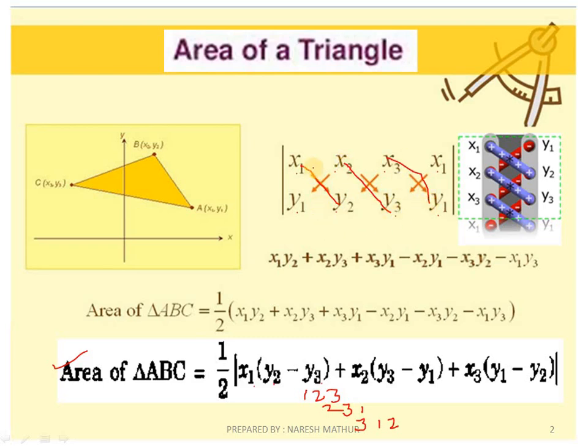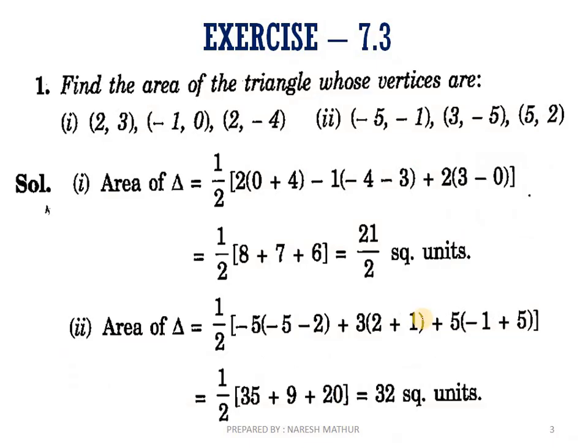First find the sum of these products, and then subtract the sum of the products along the other diagonal, that is x2 y1, x3 y2 and y3 x1. So we have just written the same formula in another way, and you can choose either formula. Alright, so let's start with the exercise.